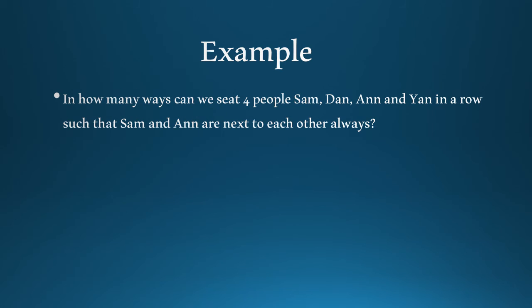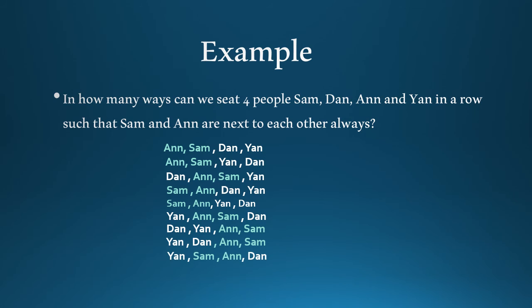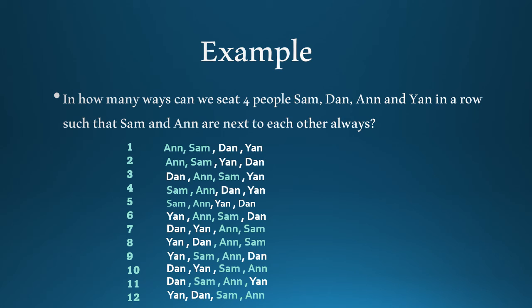So let's see in how many ways. That's 12. Or it's going to be 4P2, 4 factorial over 4 minus 2 factorial, that's 2 factorial. 24 divided by 2, that's 12.